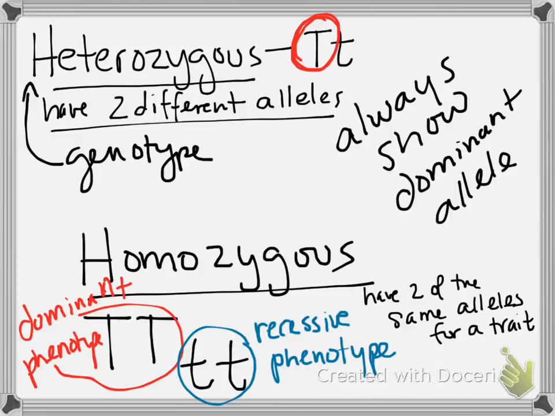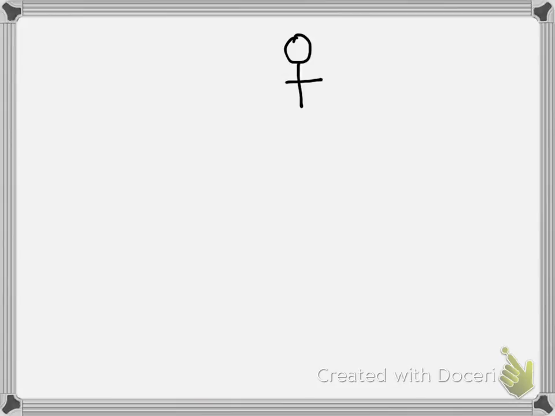Okay, so that big T is going to show the dominant phenotype, the little t is going to show the recessive phenotype. Okay. Questions or comments? So, you're all familiar with that as the symbol for female biologically, and this is the symbol for male biologically.